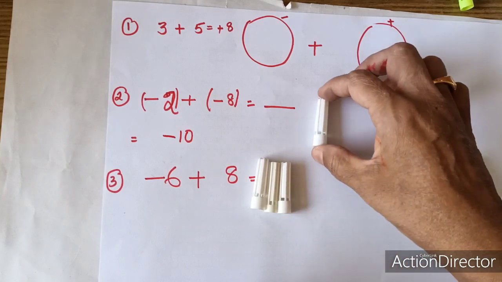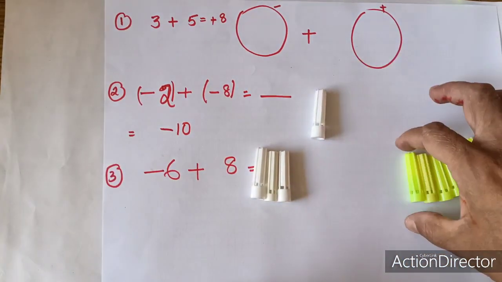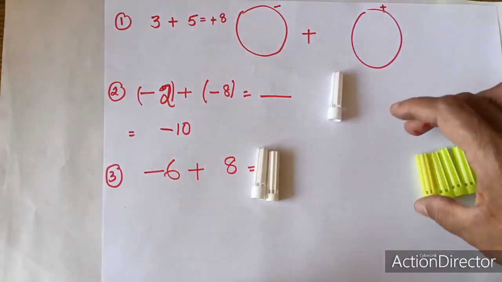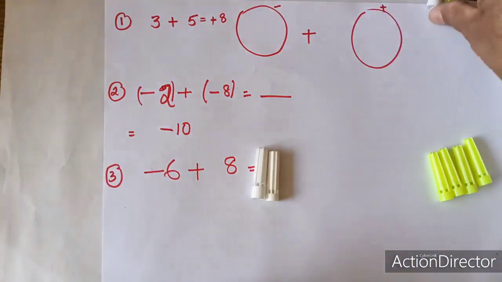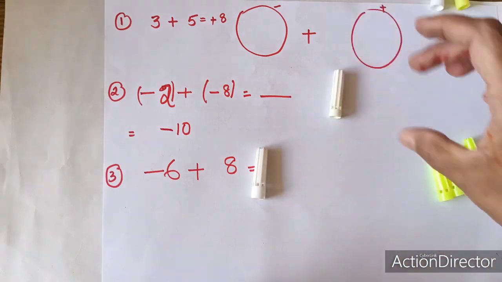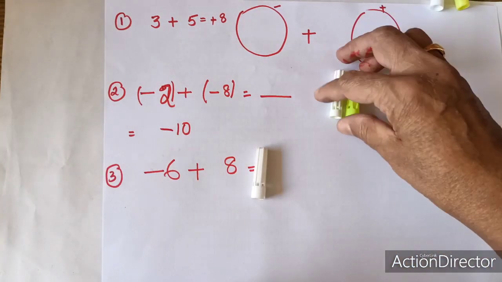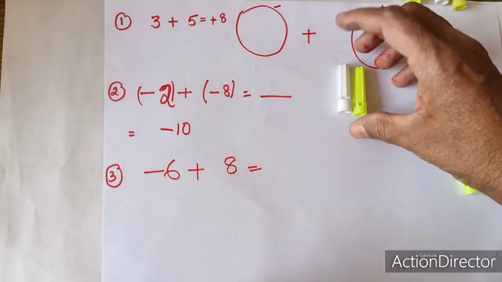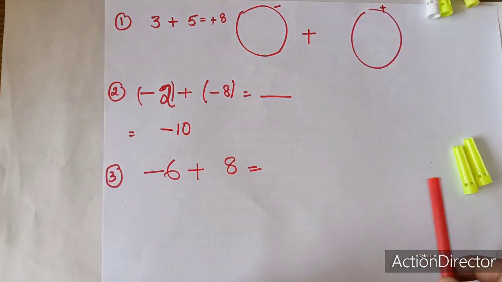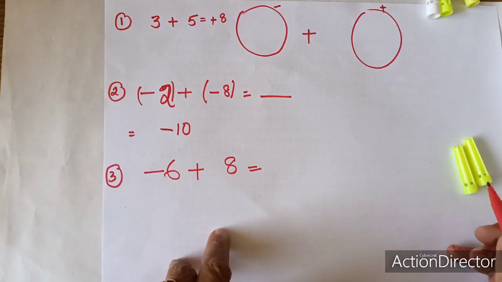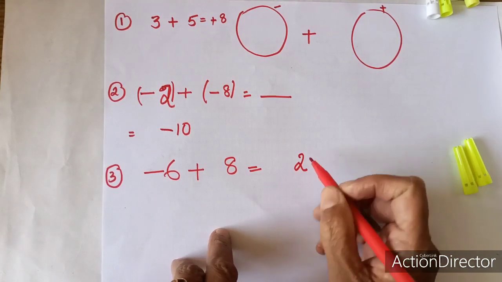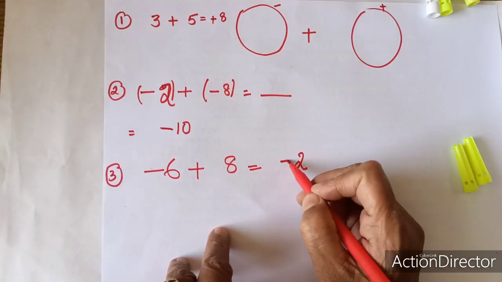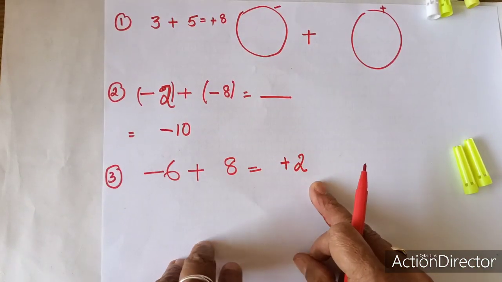Again, one white cap and one yellow cap will become 0, and we repeat this until all 6 white caps are paired off. Now what is left out? How many are left out? Only 2 are left out, but I need the sign. What can be the sign? Yellow denotes plus. Therefore my answer is plus 2.